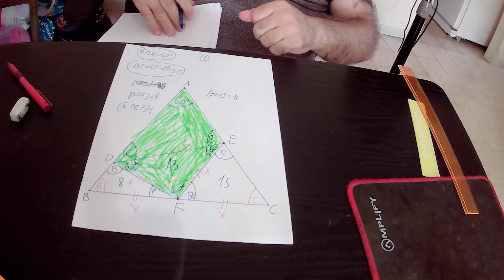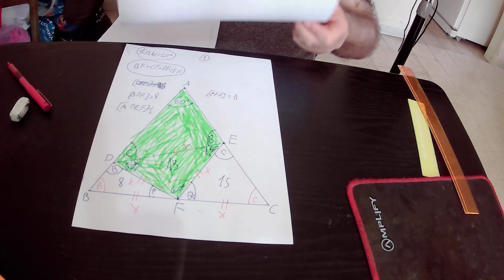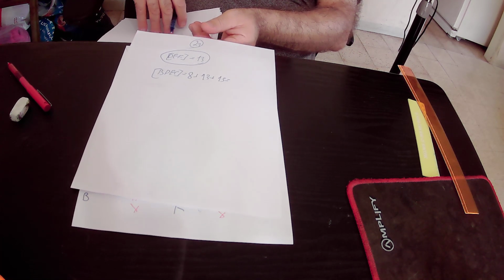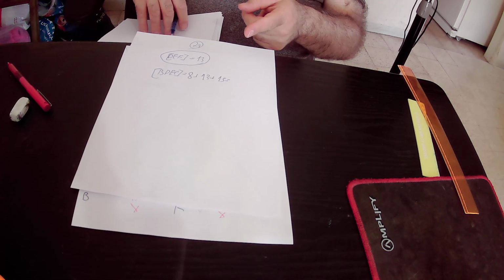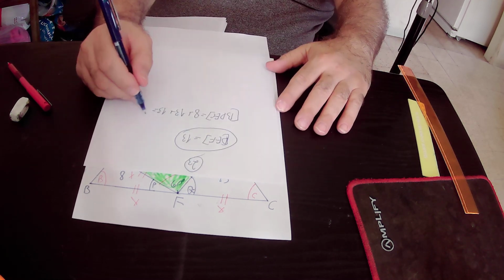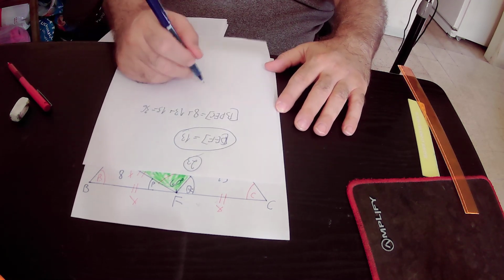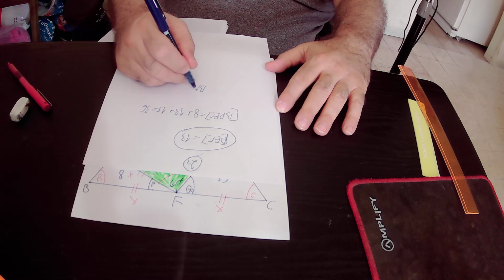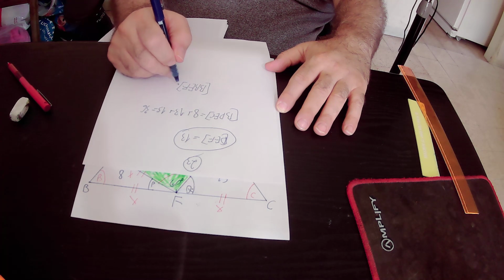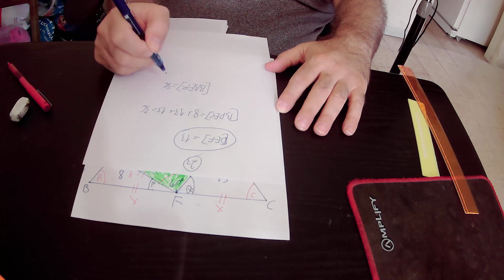So 8 plus 13 is 21, 21 plus 15 is 36. So the area of quadrilateral BDEF equals 36 square units.